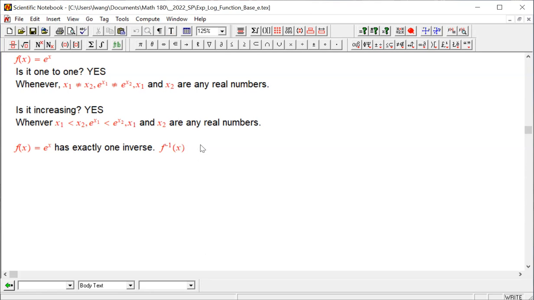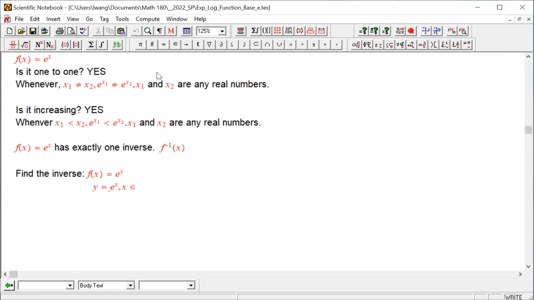So we're going to find the inverse. How do we find the inverse? The same drill. y is e to the power x, and x from where?